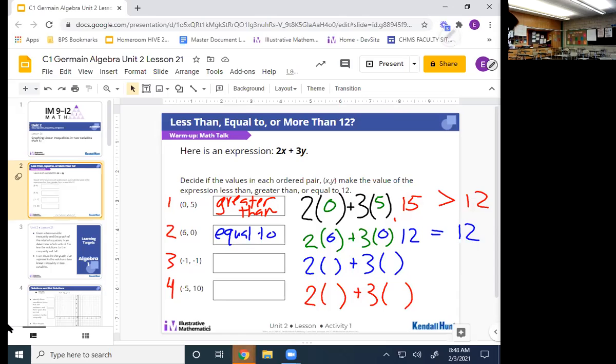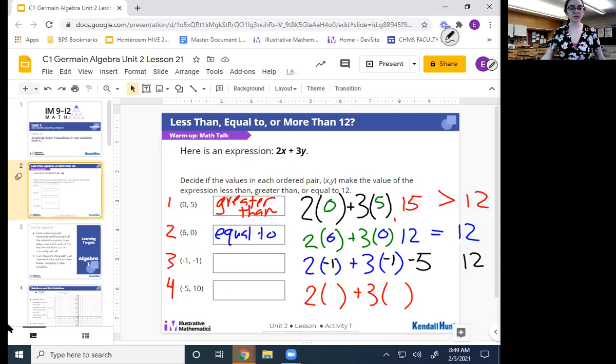Let's take a look at the next one here. We have -1. So 2 times -1 is -2, plus -3 is, just like Peyton said, -5. And we need to compare that to the number 12.